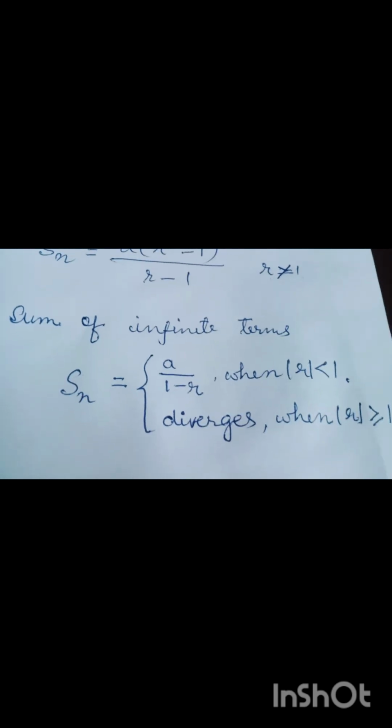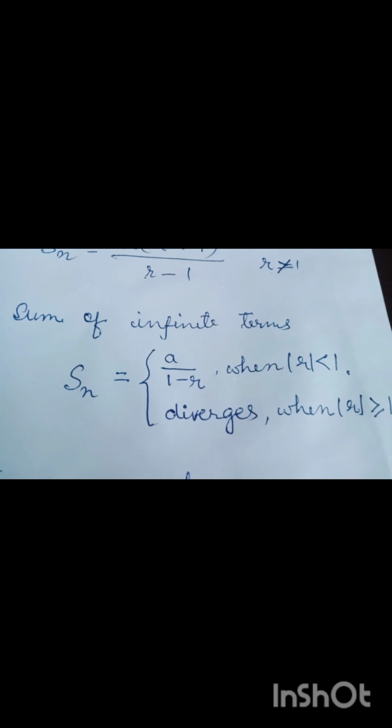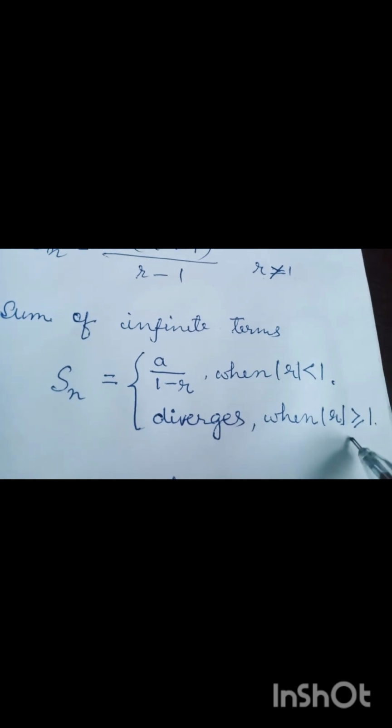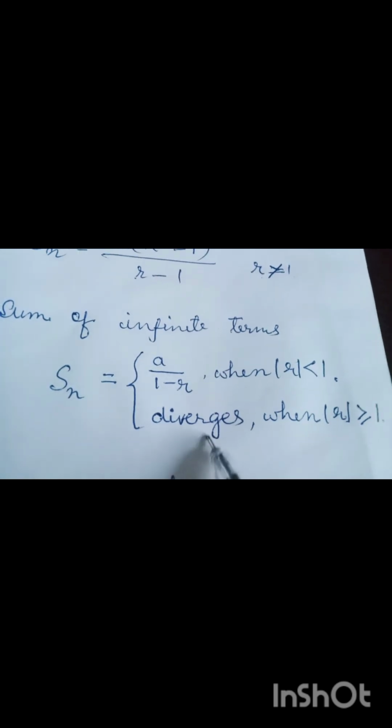For infinite terms, that means for a large number of terms, we will use this type of expression. This expression is for n terms, where n varies to infinity, so a divided by 1 minus r, when the value of r is less than 1. If the value of r is greater than or equal to 1, then it diverges.